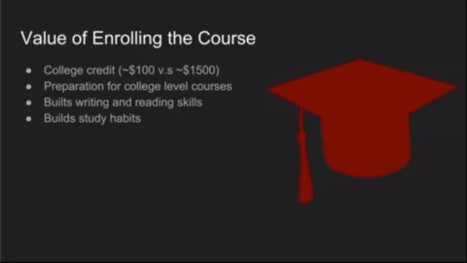The value of enrolling in this course. I want to conclude about the importance of this course and the benefits it can bring you. Not only is the AP English Language and Composition course beneficial, but all AP courses are beneficial because they can give you college credit. The AP exam costs around $100, give or take, while a college course can cost almost $2,000, and I have here $1,500.